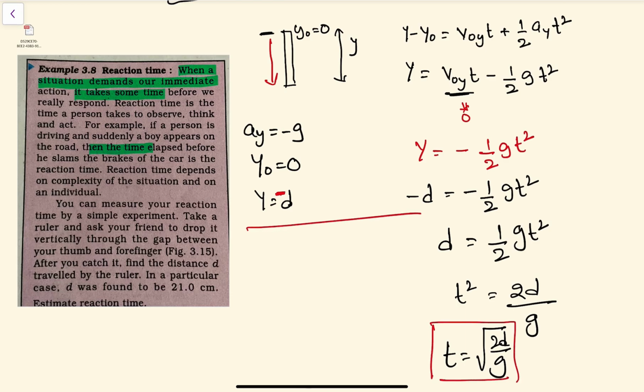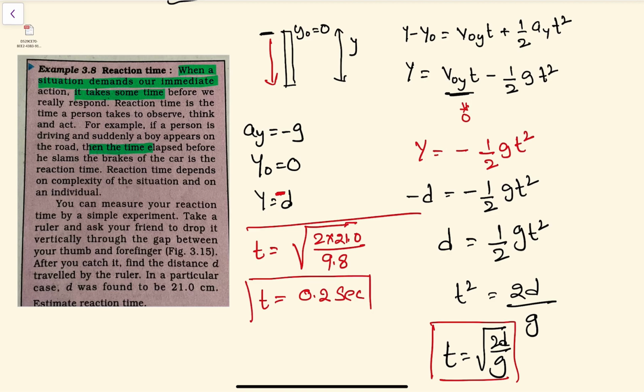Now we apply this, where d is equal to 21 centimeters. 2 into 21 centimeters by g value, if you say 9.8, no issue. The time is calculated to be a very small time, 0.2 seconds. So this is the situation of reaction time, where we need to respond from incident to incident.